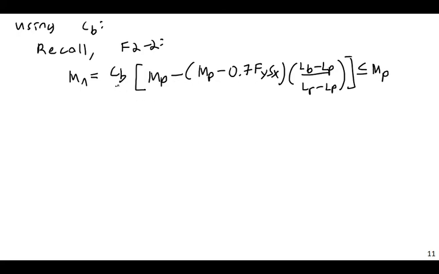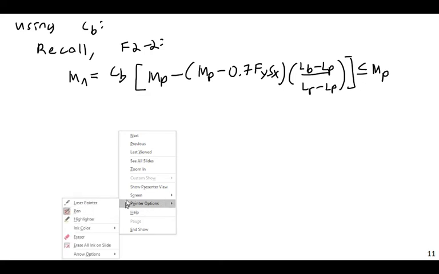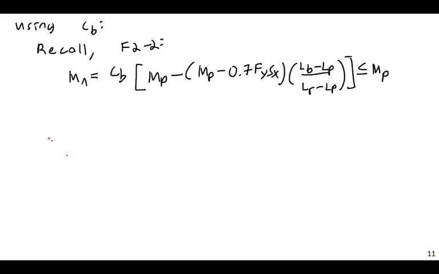Now, notice it's just a simple multiplication. It's a simple multiplier. And a higher nominal moment capacity is generally a good thing. So the higher this is, the higher the moment capacity. So again, the higher the CB, the higher the moment capacity.